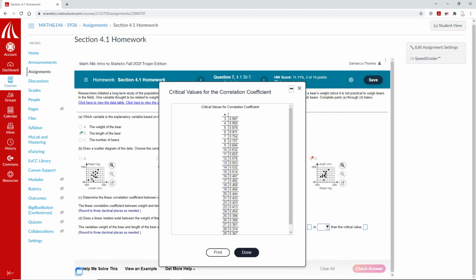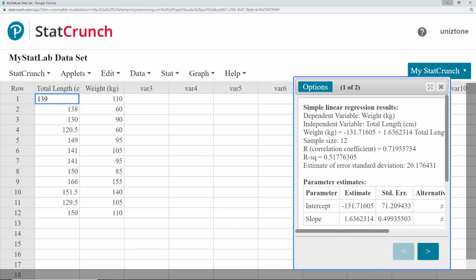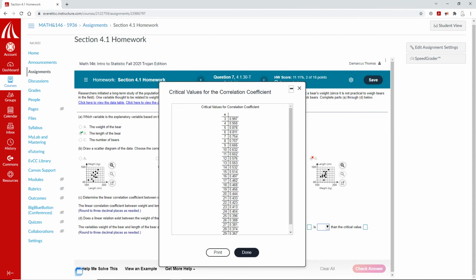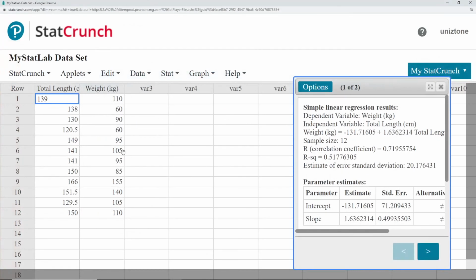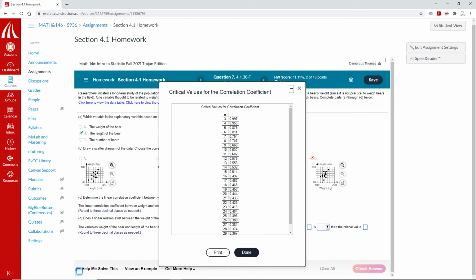Now, we do need to know how many are in our data set. How many bears did we have? According to the data here, we had 12. So 12 is fine. The critical value for 12 is that your R has to be more than 0.576.